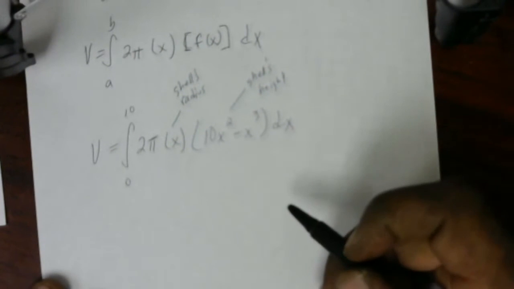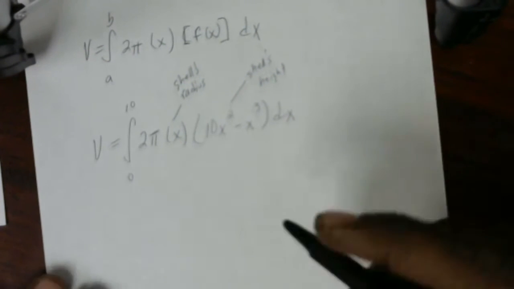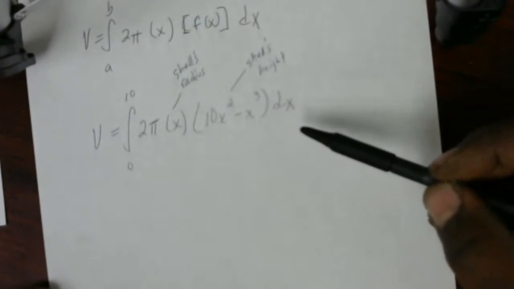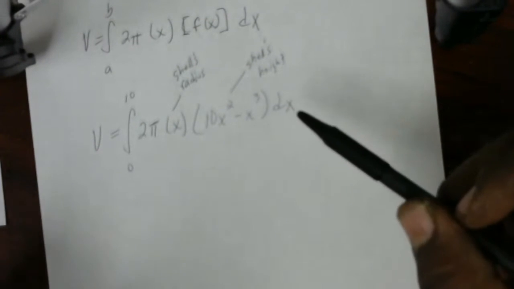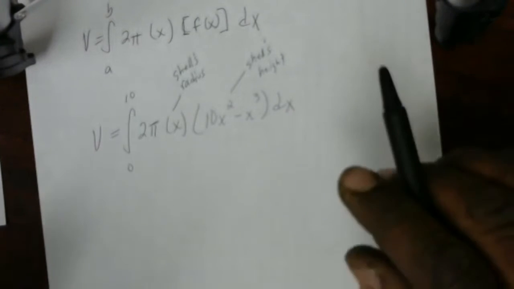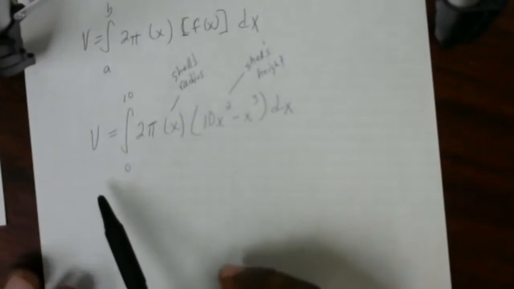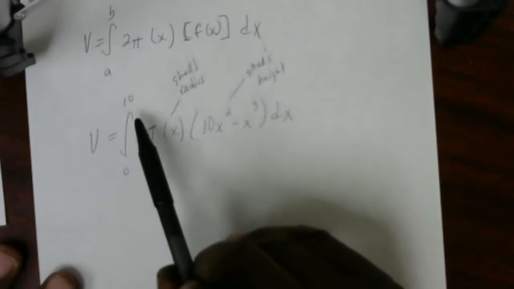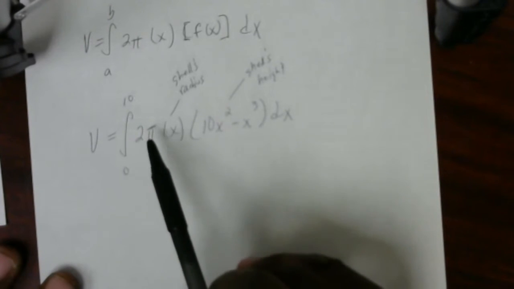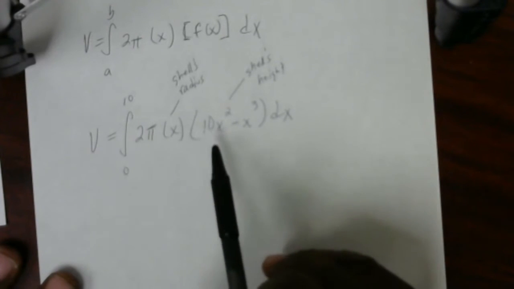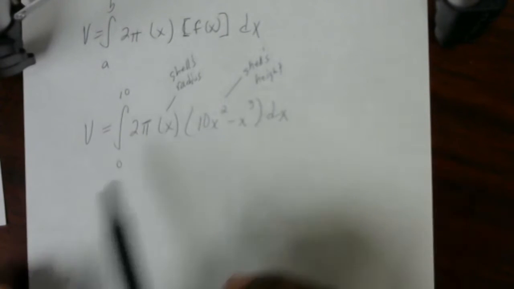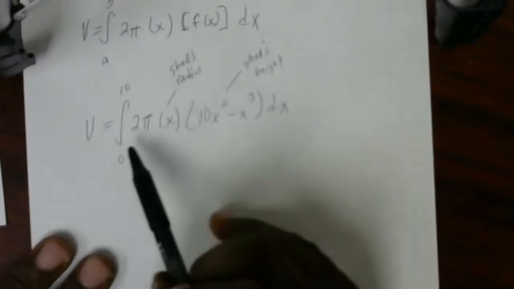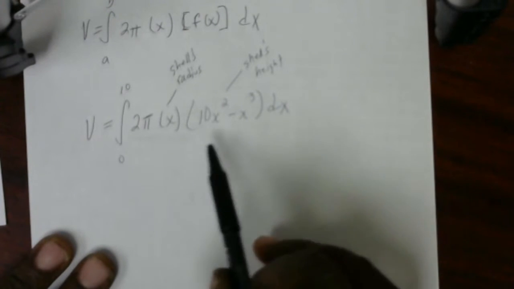Okay. So now we'll integrate it. Now, we're going to use the calculator to make the math on this a little bit less complicated. But initially this is our setup. We have the integral from 0 to 10 of 2 pi times x times 10x squared minus x cubed. Okay. So now I'm going to use the calculator to actually evaluate this.